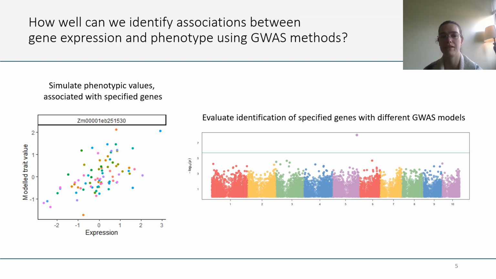And then we will use these generated data sets to perform the TWAS analysis with different tools to see how many genes we can identify. We also want to use different genes with different properties. As I said, genes, for example, that are highly correlated with a number of genes versus those that are not. And we would also like to test different populations. And then we would like to see which factors influence the quality of the detection.